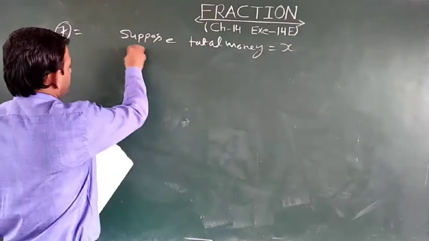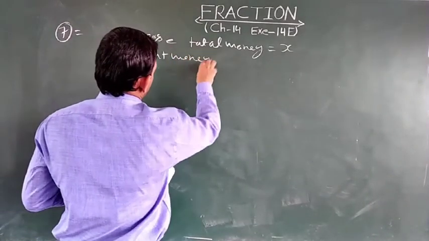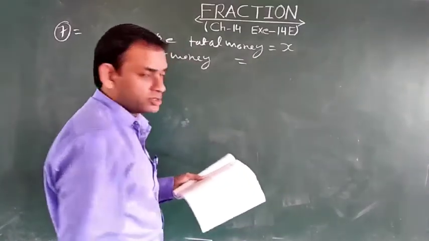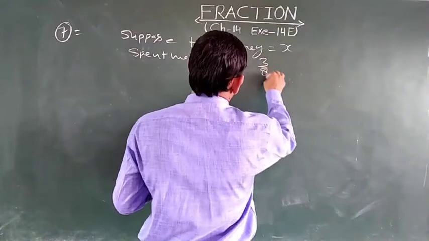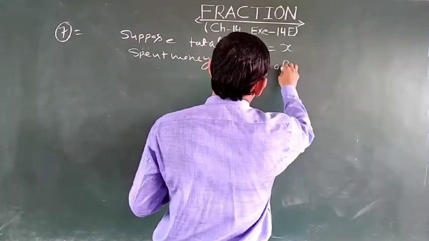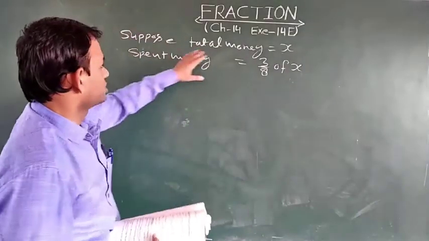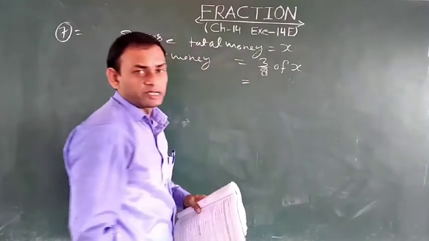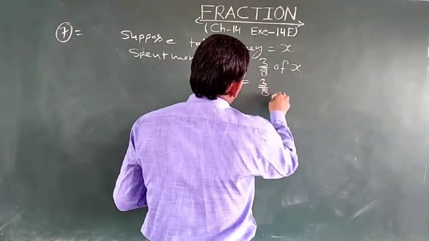Okay, now spent money. The amount of money spent by that person is 3 by 8 of the total money. Got it? We suppose that the total money is X and 3 by 8 of X is spent by that person. So we will just solve it.